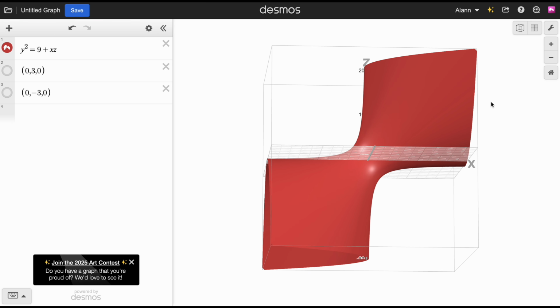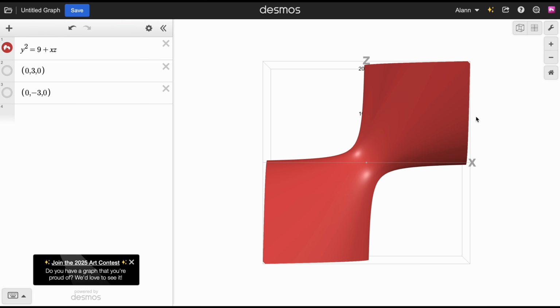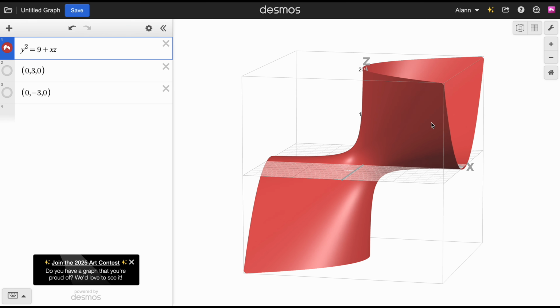Just looking at this side view of the surface, hopefully it's apparent that the points that are closest should lie along this diagonal cross-section, because these are where the distance from the origin out to the surface itself is minimized.